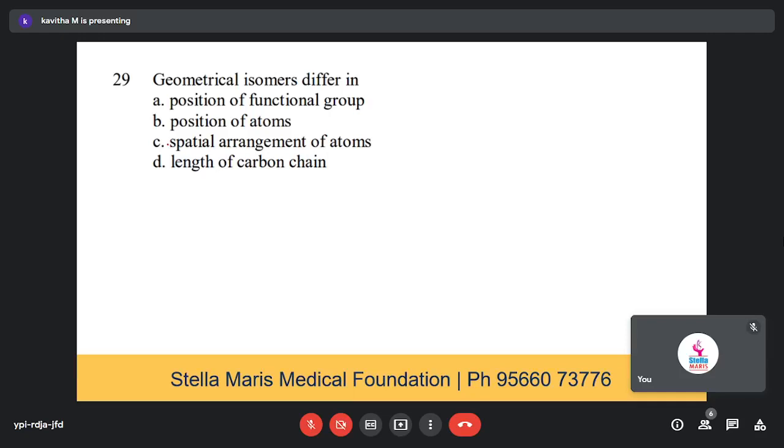If the position of the atoms differs, it is tautomerism. If the length of the carbon chain differs, it is chain isomerism. If the spatial arrangement differs, it is geometrical isomerism. The answer is the spatial arrangement.